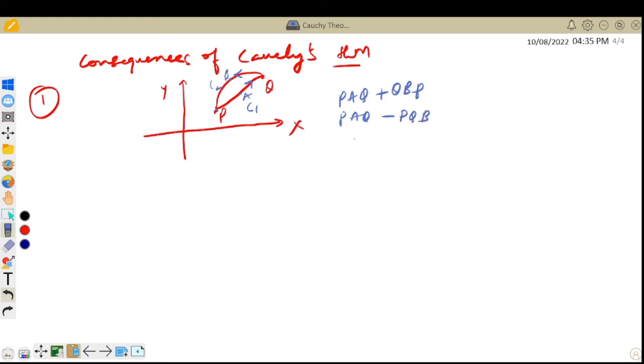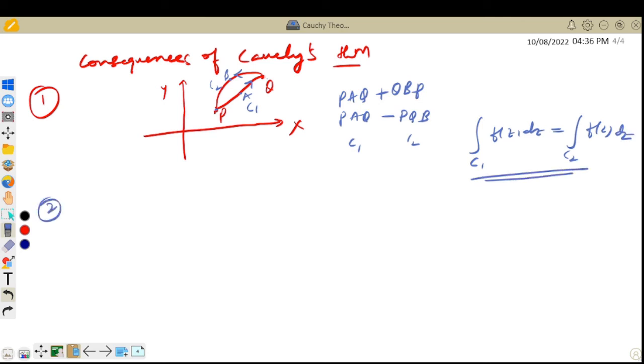So the integration over curve C1 of f of z dz is equal to the integration of f of z dz over curve C2. Means both are equal. So let me go for the second consequence.